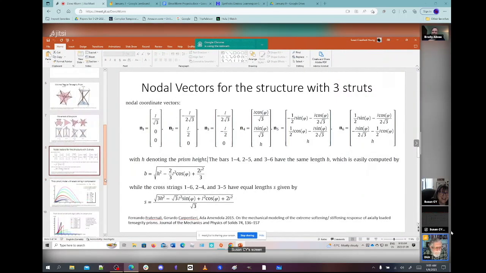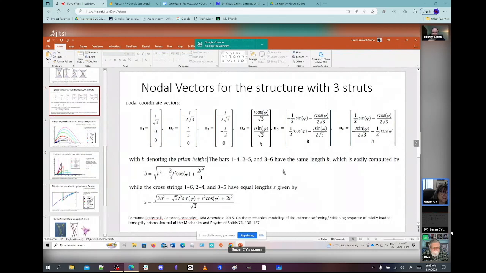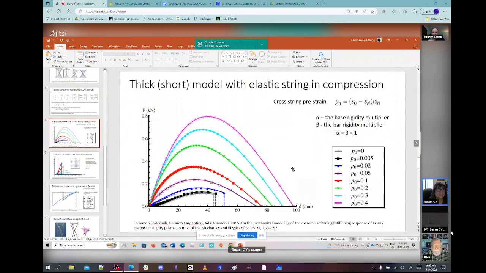And this is an interesting curve here. If you have a short model, instead of a long, tall one, they're calling it the thick model, and you have elastic strings, you get these curves for different rigidity. And if you have rigid cables, you get your J curve. It's dependent on the base.